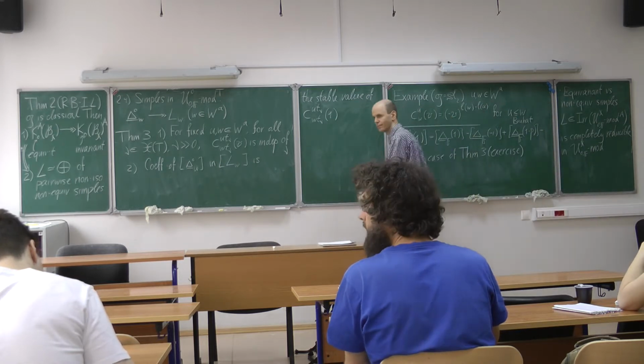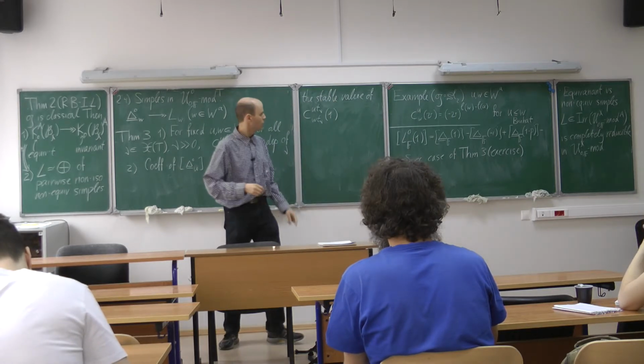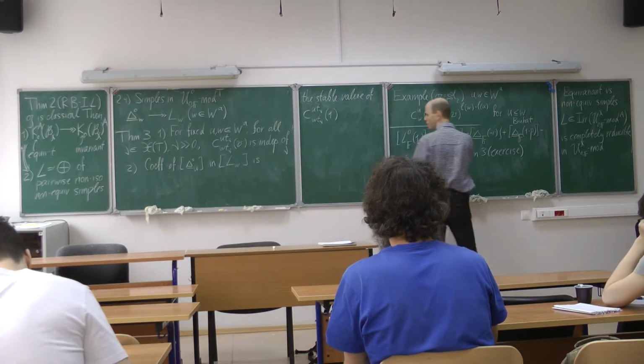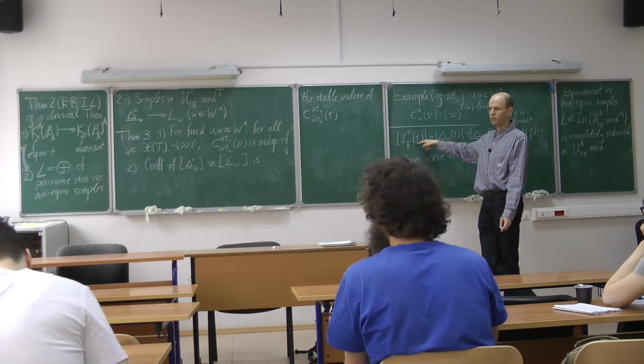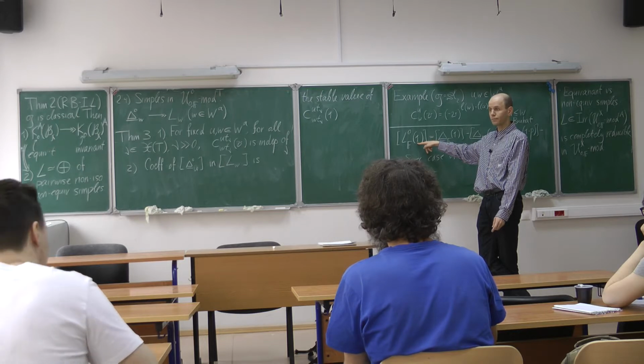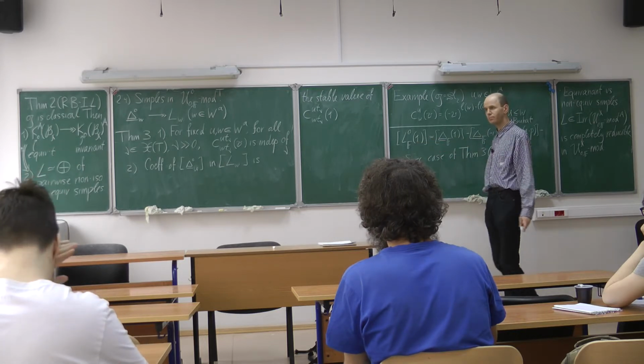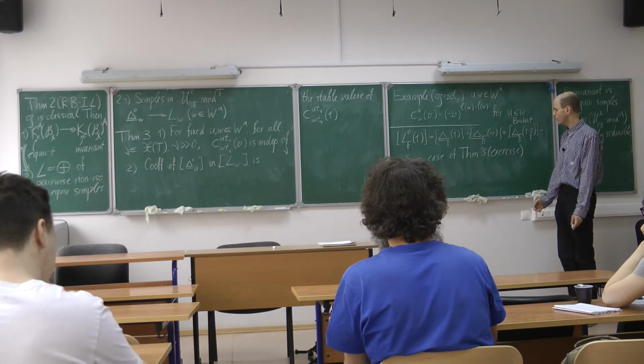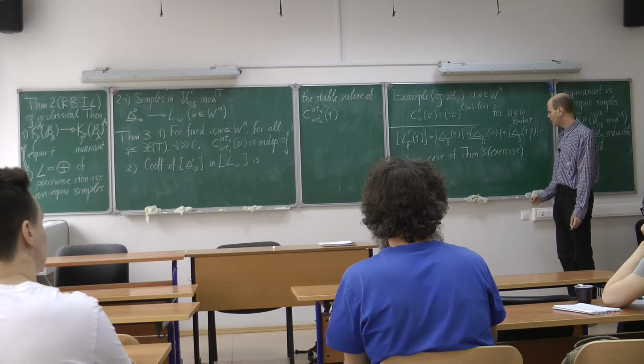Just about notation. What is the one in brackets? Delta F is the weight, the highest weight of this module. We learned last time that modules in our equivariant category are parameterized by weights. So that's the highest weight, and for delta the same.